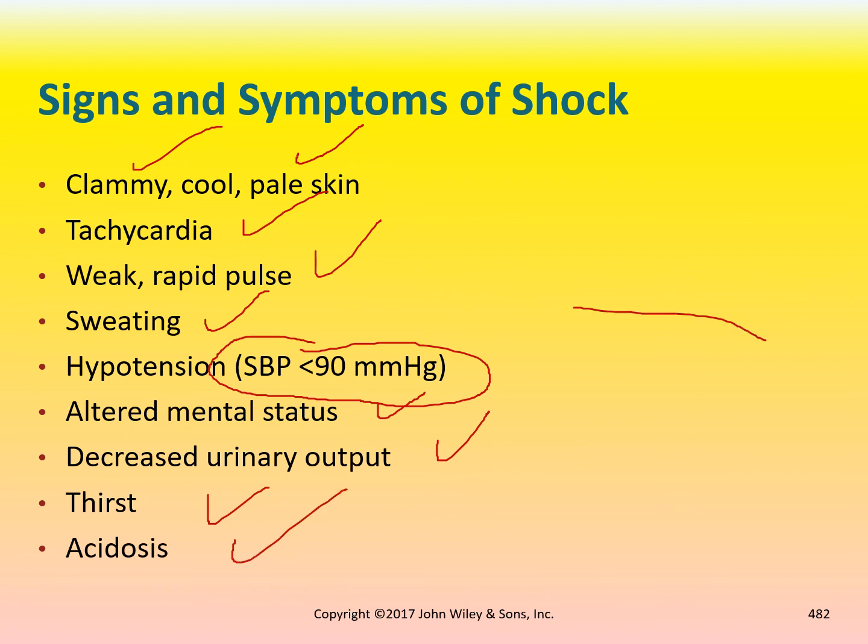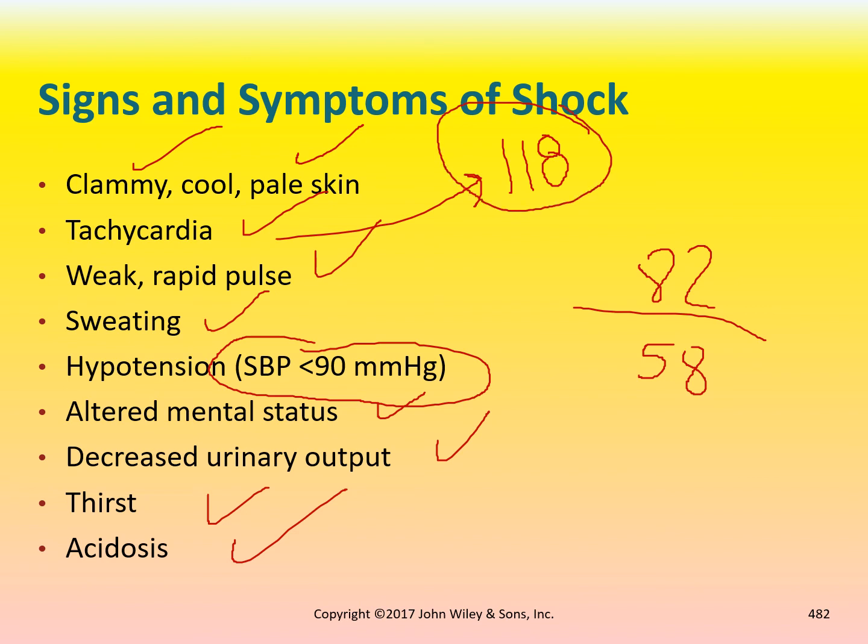When I had food poisoning, my blood pressure was 82 over 58 with a pulse of something like 118. Mind you, back then my pulse was normally around 50. So this was double my normal pulse with a blood pressure that was pretty low after I had food poisoning.